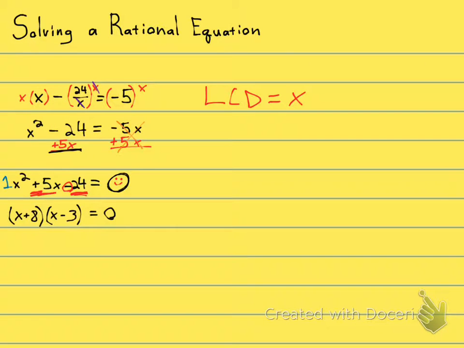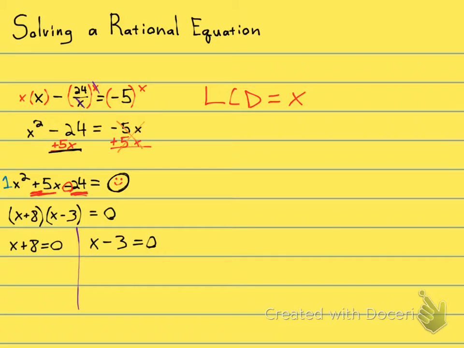Now I set all of my factors equal to 0, so x plus 8 equals 0, because if this is 0, 0 times anything is 0. And if this is 0, anything times 0 is 0. So I will set this equal to 0, x minus 3 equals 0.